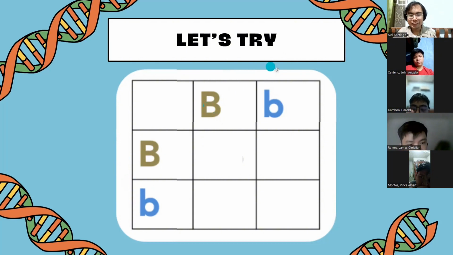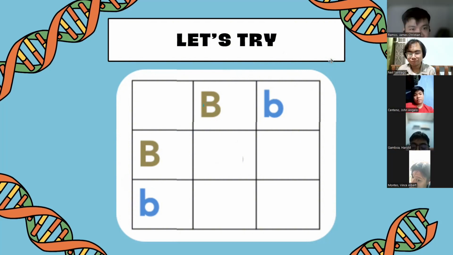To solve a Punnett square, simply combine the 2 letters that are aligned with each other. Raise your hand if you want to try. Does anyone want to draw on the screen the correct answers for this problem? Please raise your hand if you want to. Okay, Mr. Ramos, please solve this Punnett square.